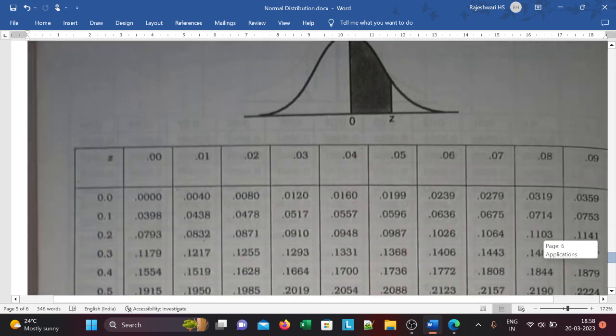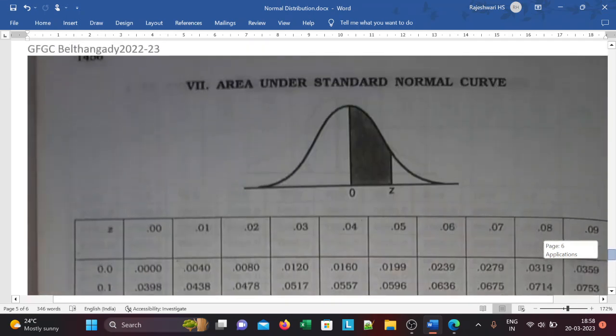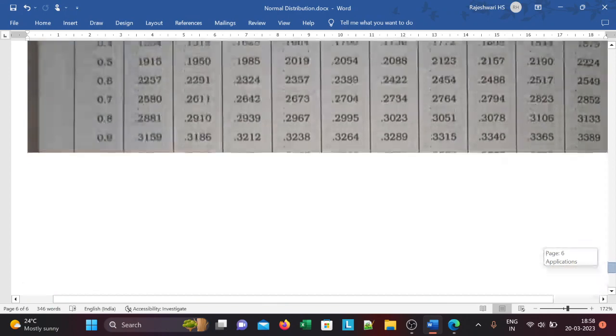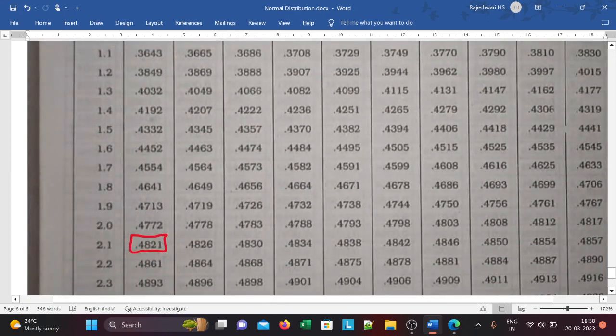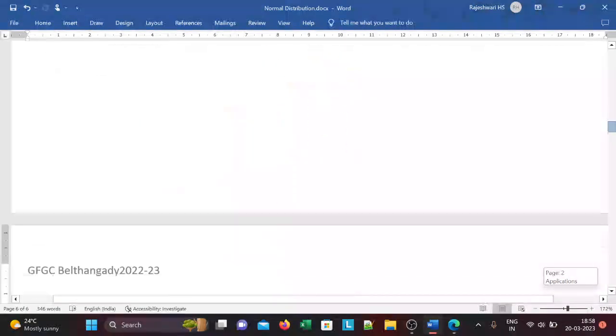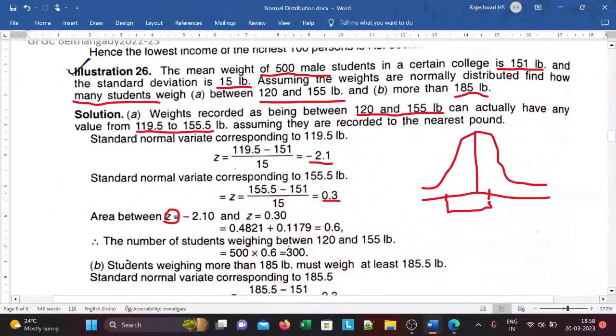Here we have the Z value and decimals, and the values will be here. So we need to check 2.1. For 2.10, it is 0.4821.